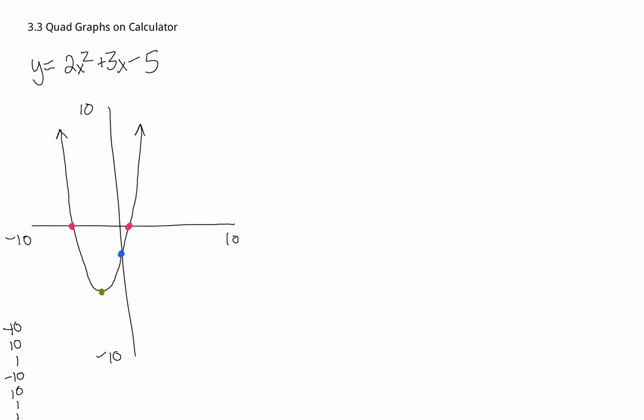So when you're doing these questions, you've got a few different options on your calculator. The easiest way, but it's probably the least accurate, is to use the trace button. Okay, so if on your calculator you hit trace, it gives you a little cursor, and you can just move your cursor around to get it as close as you can to each of those points.